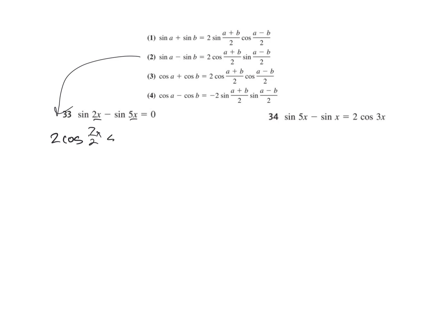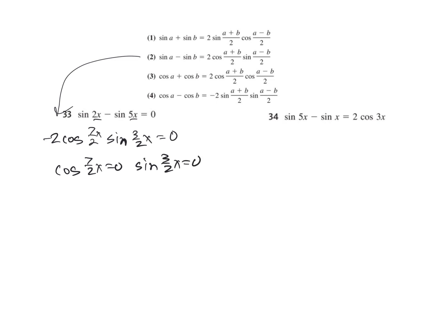And then we have the sine of 2 minus 5 is negative 3x over 2, so 3 halves x, and put the negative out in front, equals 0. Divide off the negative 2, it doesn't matter. 0 over negative 2 is 0. So now you have the cosine of 7 halves x equals 0, or the sine of 3 halves x equals 0.